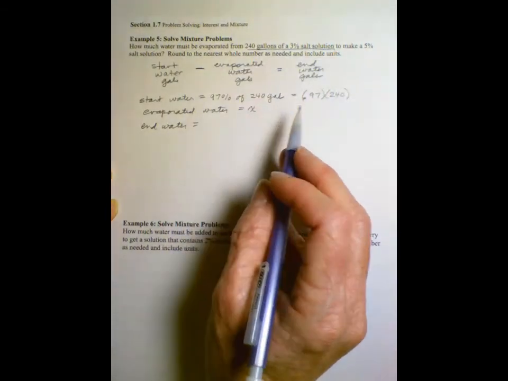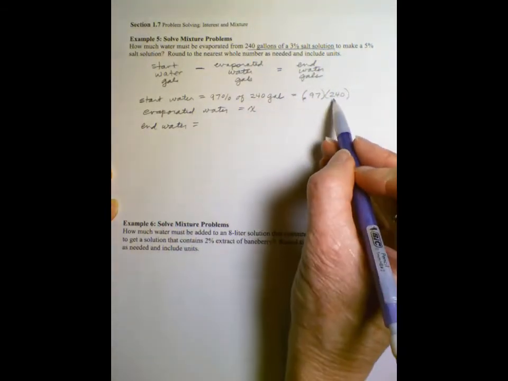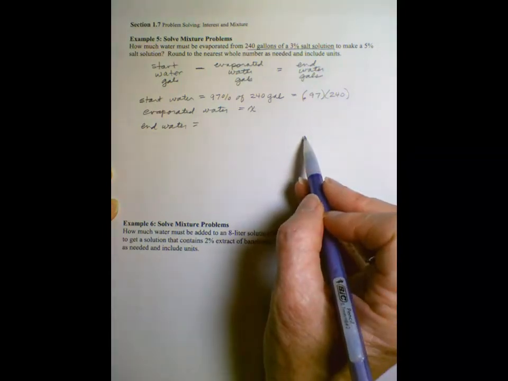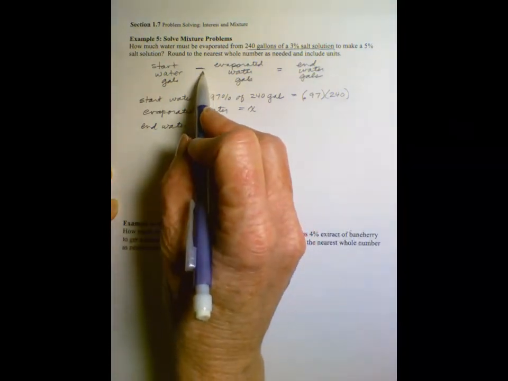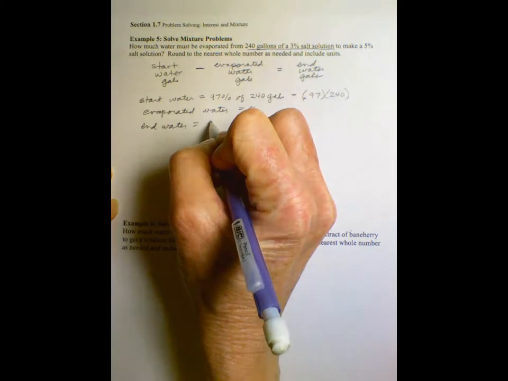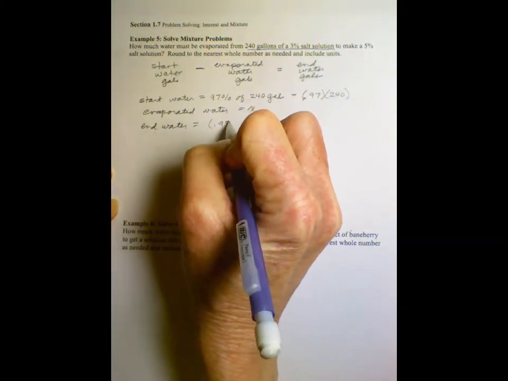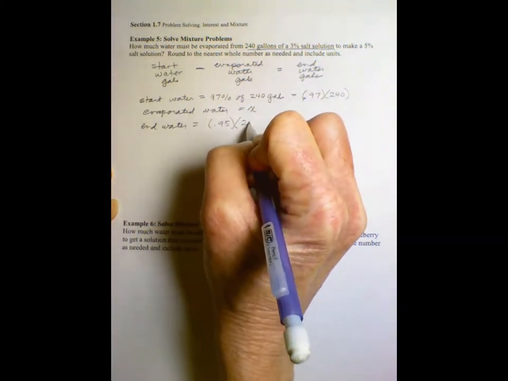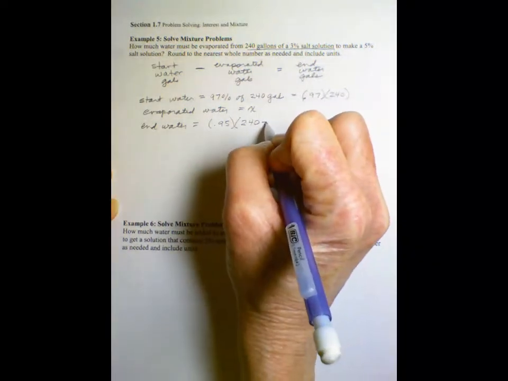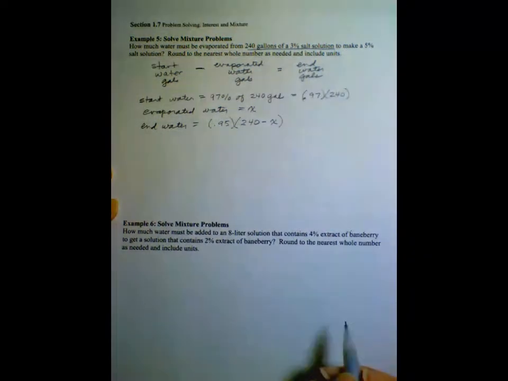But how many gallons will we have? Because we're starting with 240, will we still have 240? No, because we said we're going to subtract X. So 95% of it is water, but we won't have 240 gallons. We'll have 240 minus whatever amount got evaporated.